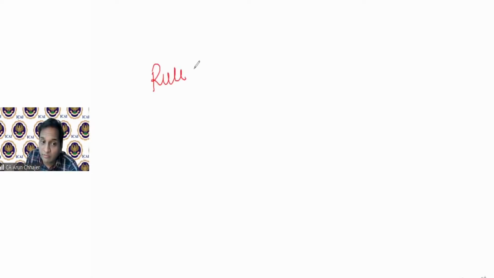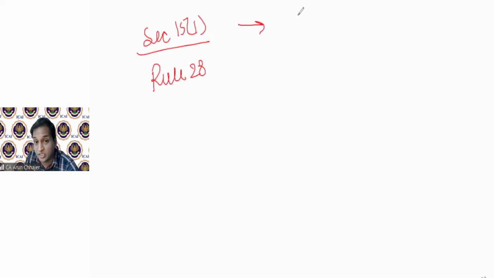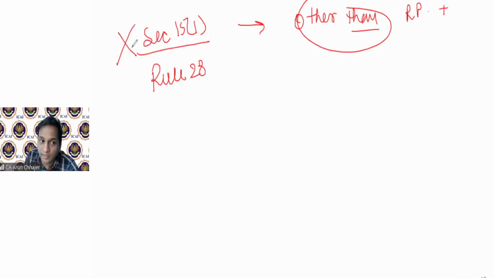And how is the value to be determined? Section 15 subsection 1 says money paid or payable, but this 15 subsection 1 is not applicable in case of the related party and in case of non-monetary consideration.